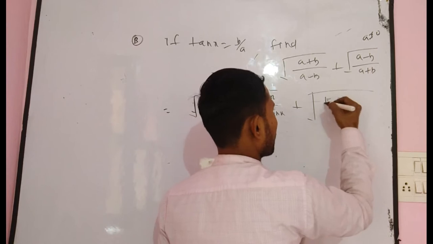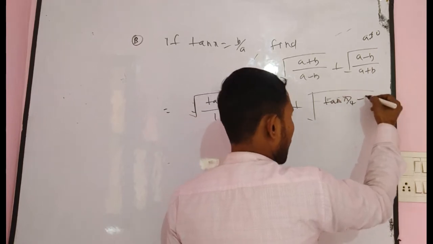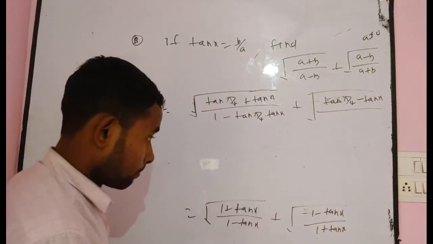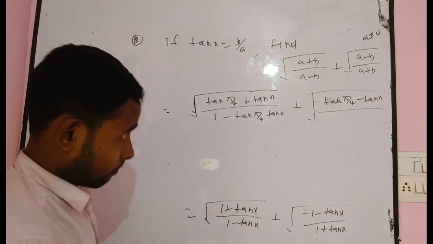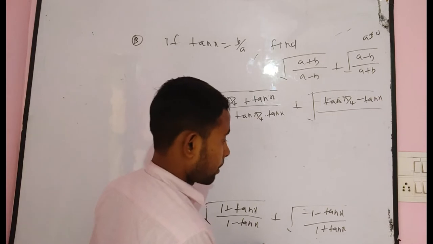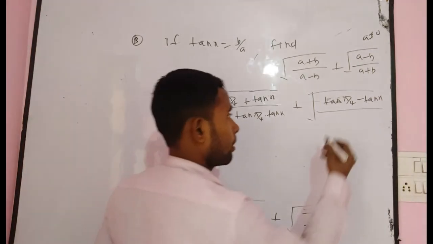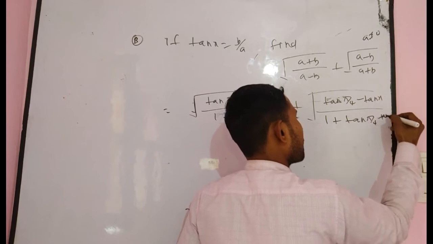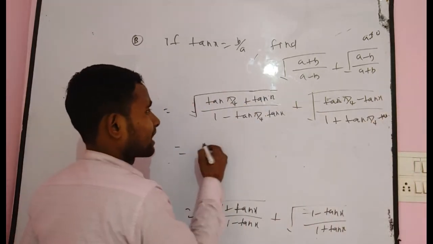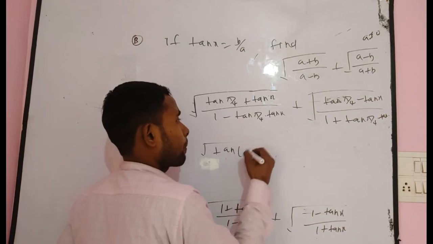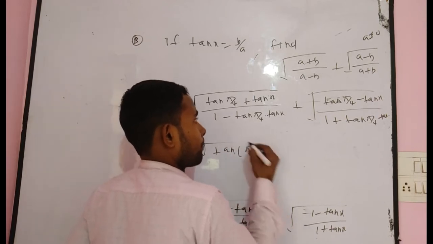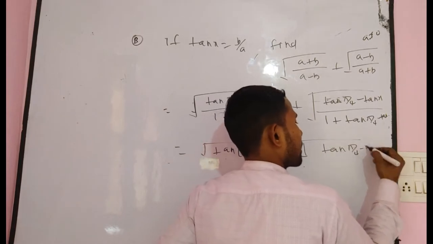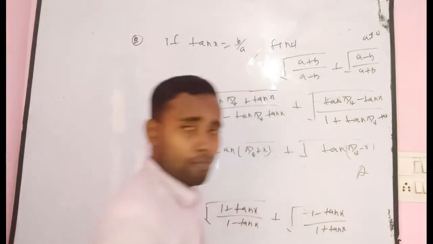That means tan pi by 4 minus tan x divided by 1 plus tan pi by 4 into tan x. Now what is this? This is tan of pi by 4 plus x, plus what is this? tan of pi by 4 minus x. This is your final answer.